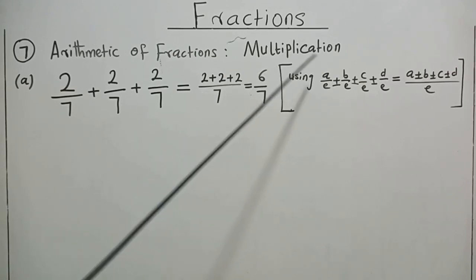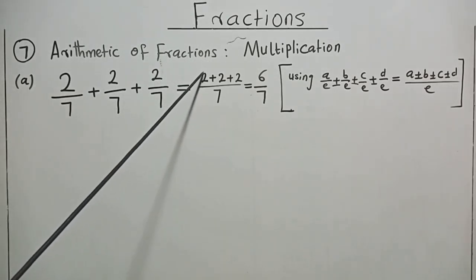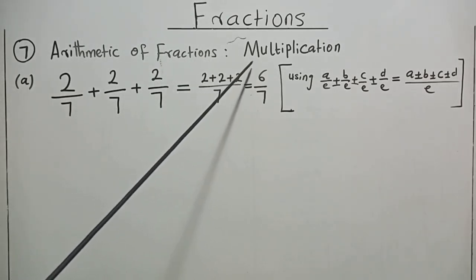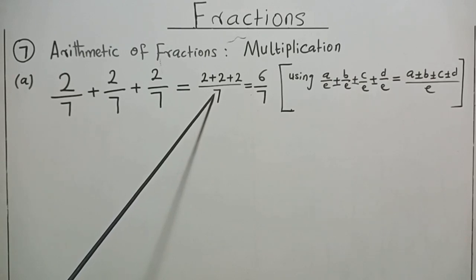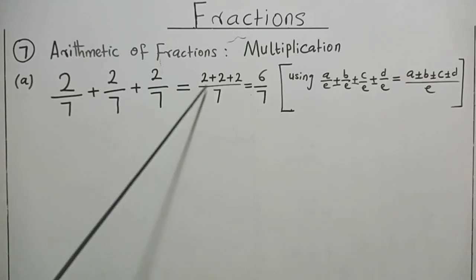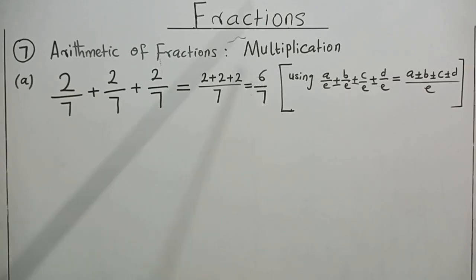I hope you remember this law, the law of adding and subtracting fractions that possess the same denominator. So in the end, 2 plus 2 plus 2 is equal to 6. Now, 7 is the common denominator. So the answer to this number operation is 6 over 7.